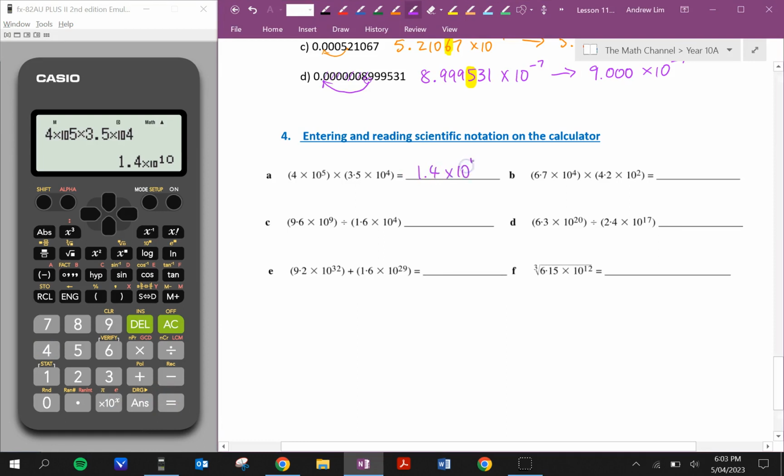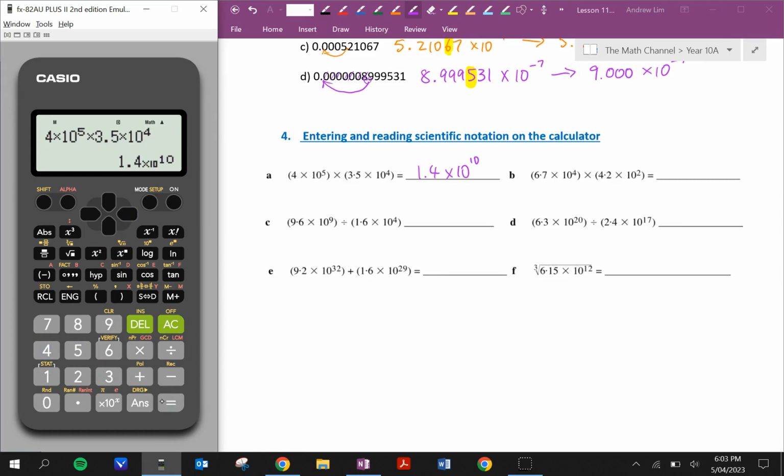Okay, so that's probably the easiest way. If you want to, you can just write 4 times 10 to the power of 5 times 3.5 times 10 to the power of 4, and then you get the same answer.